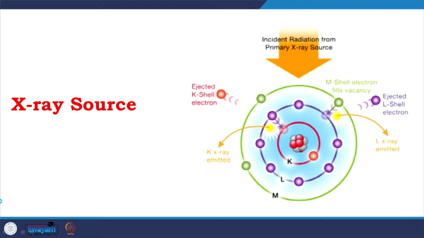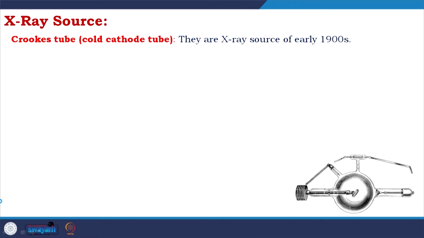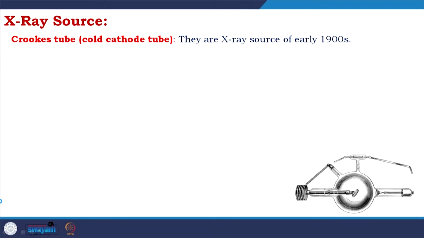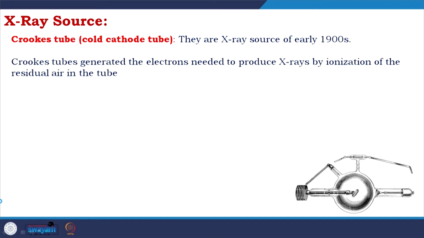So, the source is the preliminary requirement. Crookes tube, also called cold cathode tube, is not important anymore, but they are historically important. They are the X-ray source used in the early 1900s when the initial experiments of X-ray crystallography were done.